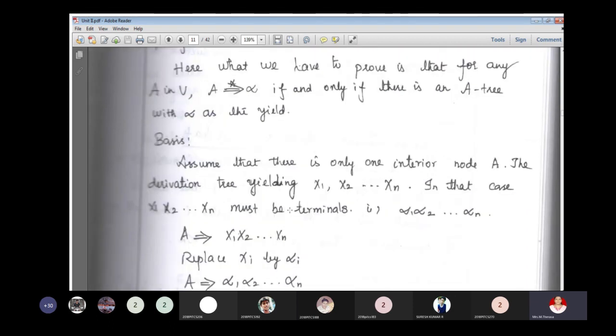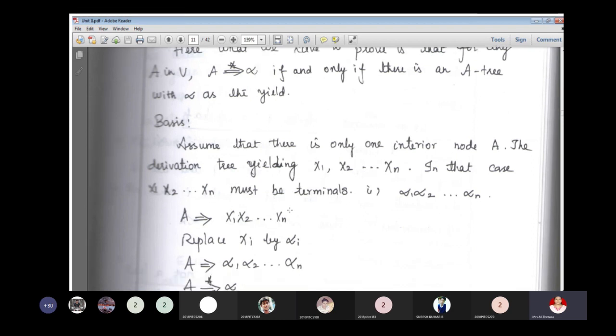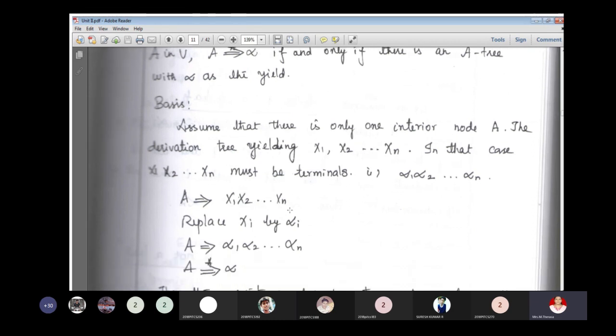First we'll see the basis step. Assume that there is only one interior node A. The derivation tree yields x1, x2 and so on, xn.